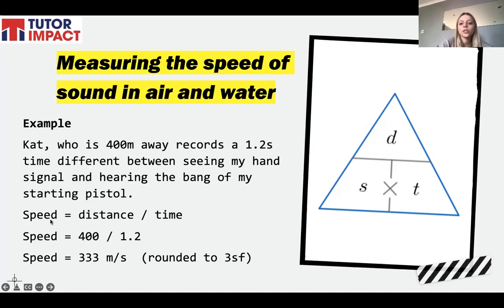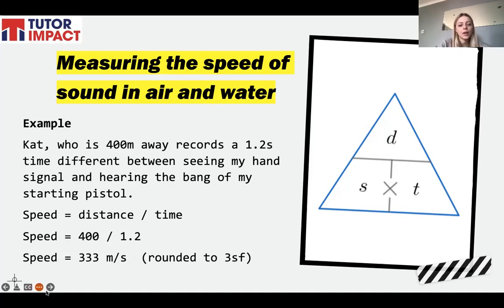We know that speed is distance over time by looking at the triangle. We cover up the S and we see it's distance over time. We are given the distance here, she's 400 meters away, and we also have the time difference, which is 1.2 seconds. So it is 400 divided by 1.2, which gives us 333 meters per second. I've rounded that answer to 3 significant figures. So the answer to this question is 333 meters per second.